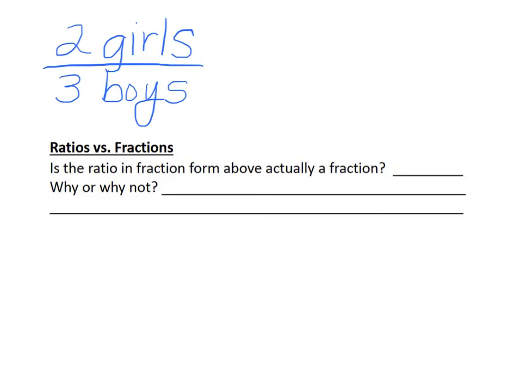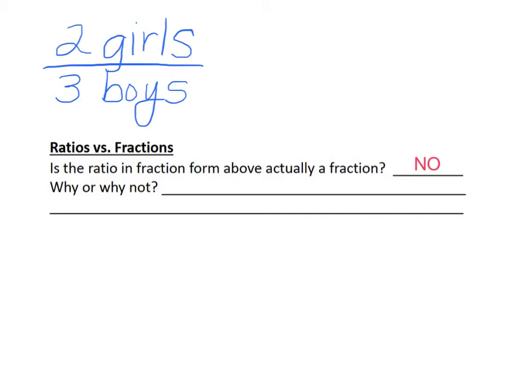So the question is, the ratio that we developed in the first part, the 2 girls to 3 boys, is that ratio in fraction form actually a fraction? No, it is not. Can you think about why this would not be a fraction, but it is a ratio in fraction form?